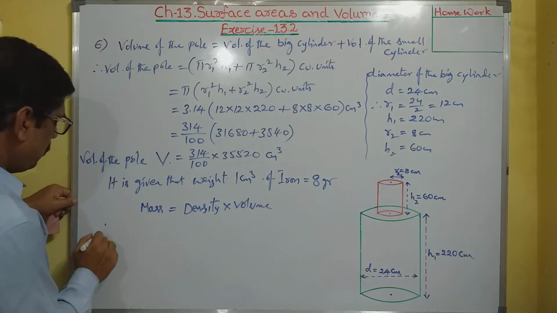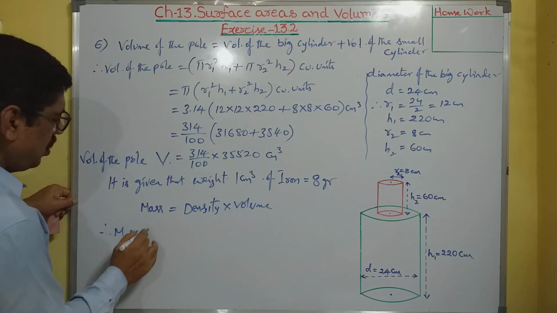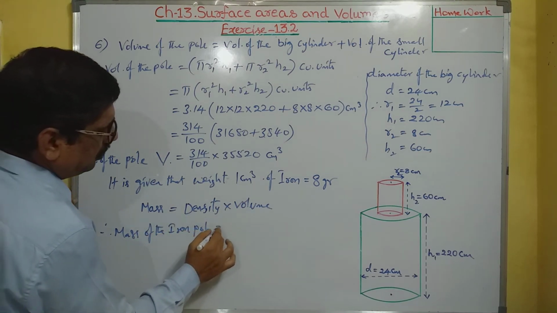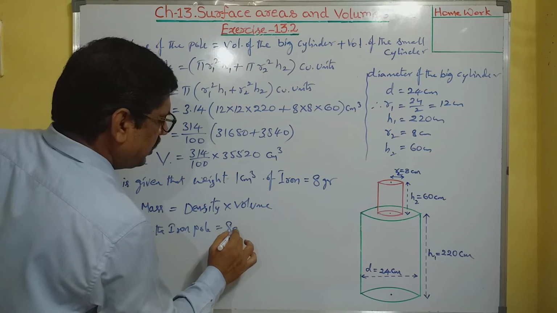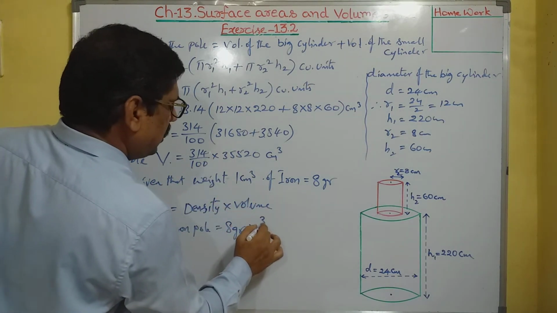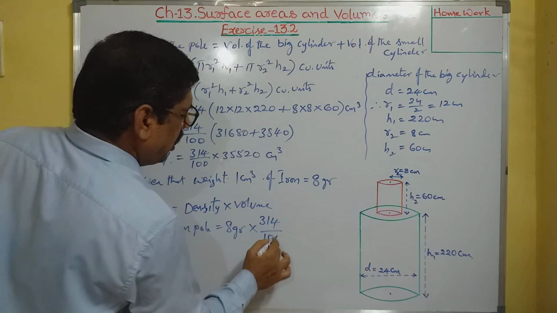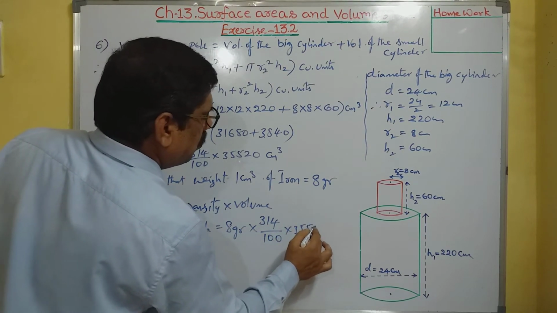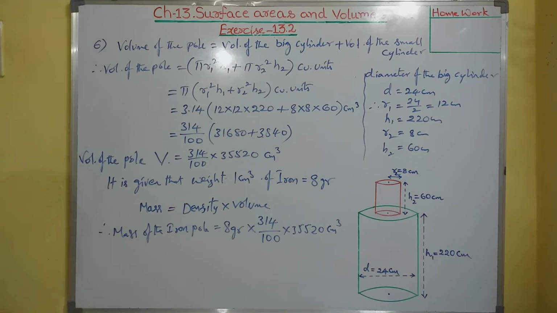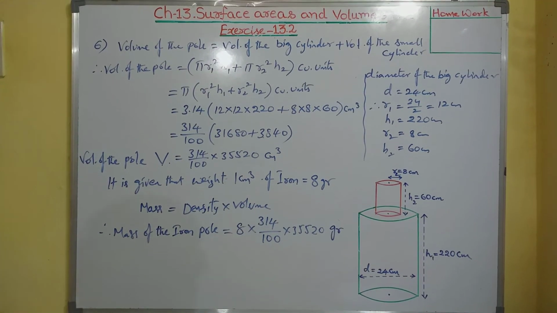Therefore, mass of the iron pole is equal to density, which is given as 8 grams, into volume, which is 314 by 100 into 35520 centimeter cube.